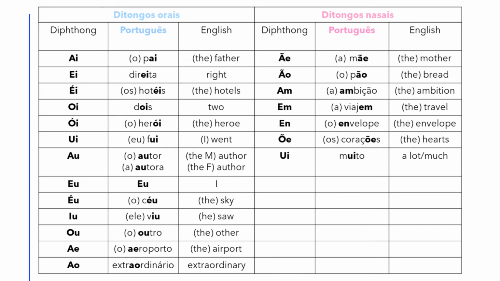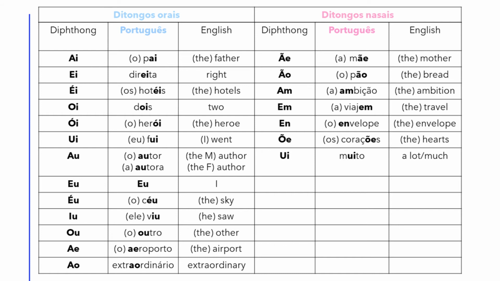O aeroporto, the airport. Ao, extraordinário, extraordinary. Okay, let's move to the column of the ditongos nasais, the nasal diphthongs.